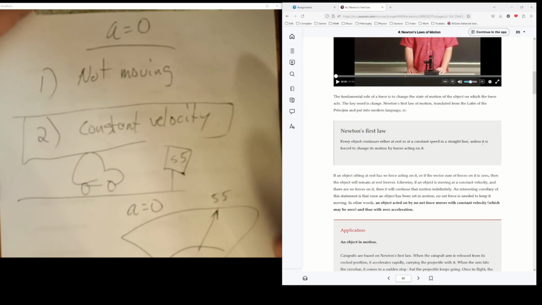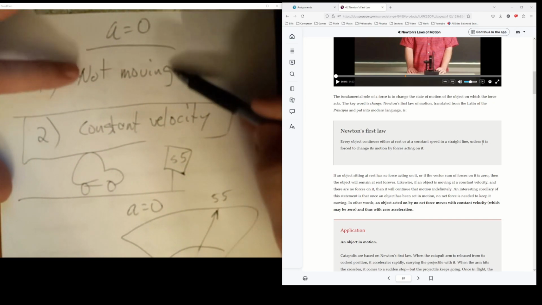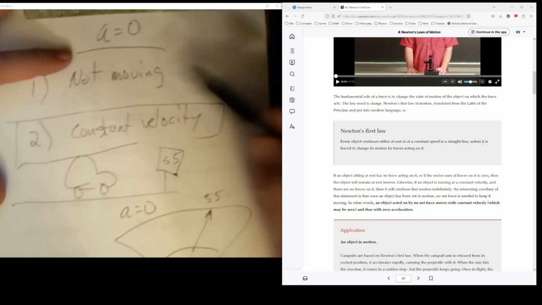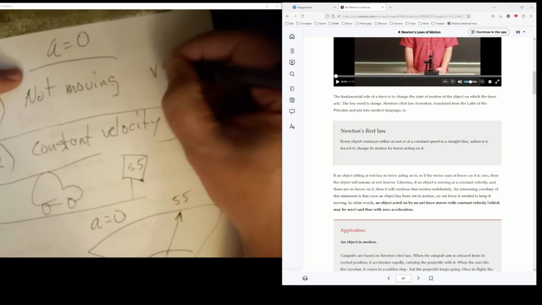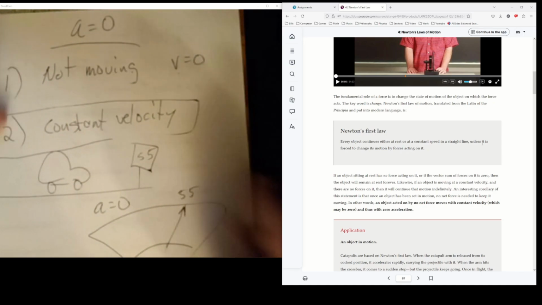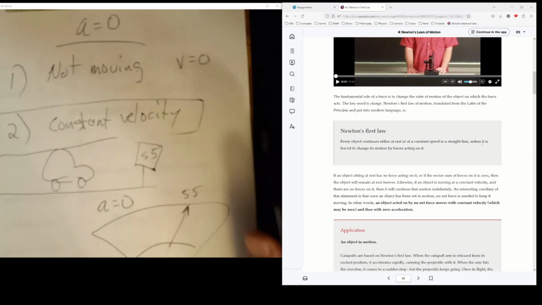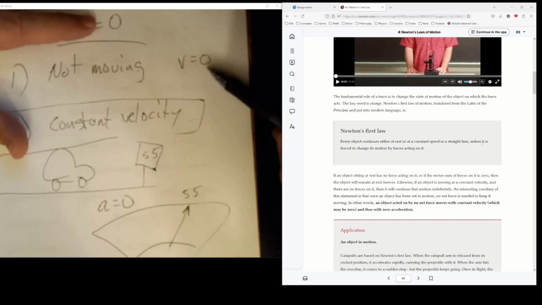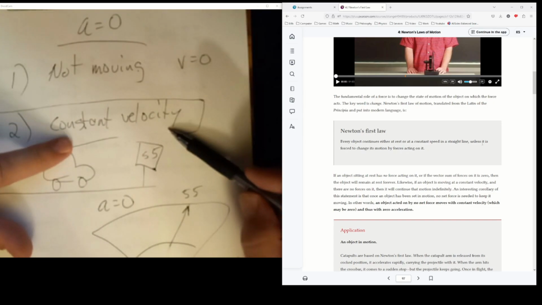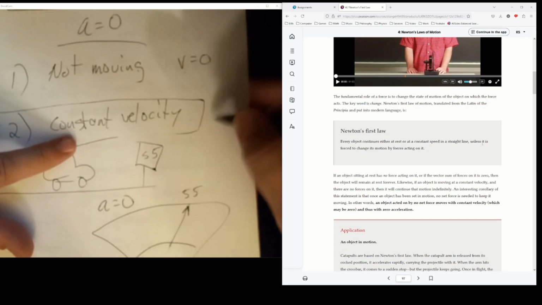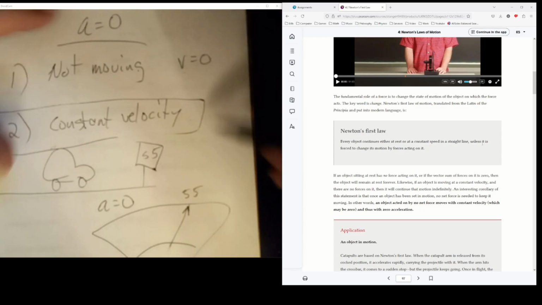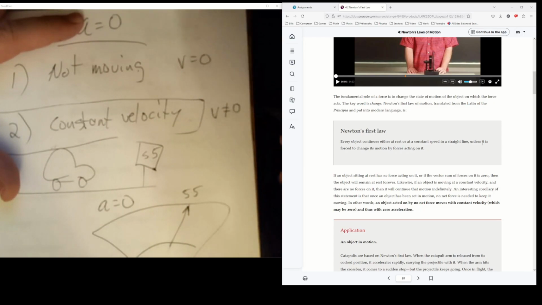People tend to think zero acceleration means that I'm not moving. Not moving actually means you have zero velocity. So paired together, you're not moving, but constant velocity means velocity can be some value, where velocity is not zero.